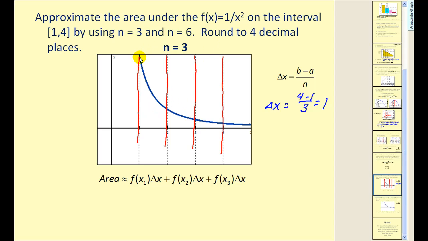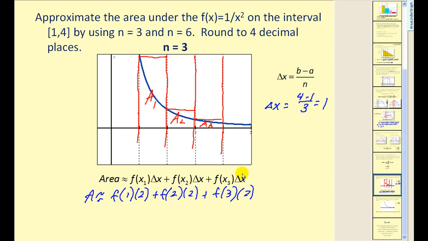So we'll divide the interval into subintervals of width 1, and in this problem we'll use the left side of each interval. So this first interval, this will be the height of our first rectangle. We'll call this area 1. On the second interval we use the left side. That would be our area 2, and then the third interval, this would be area 3. So we can approximate this area by finding f of 1 times 1 plus f of 2 times 1 plus f of 3 times 1.